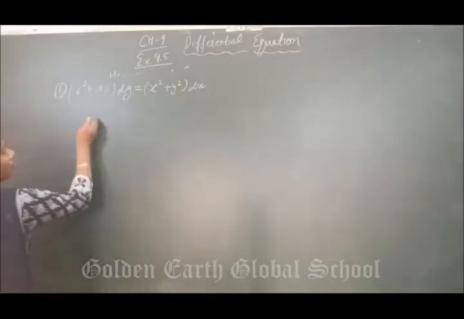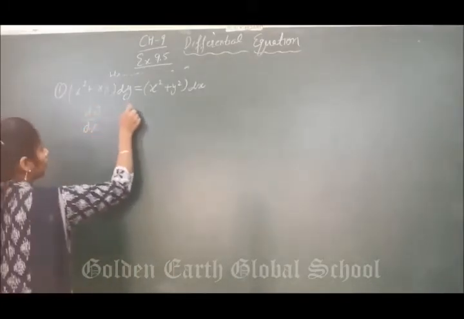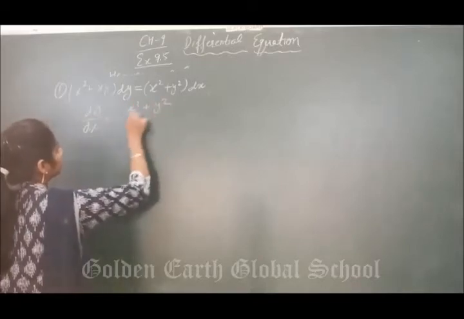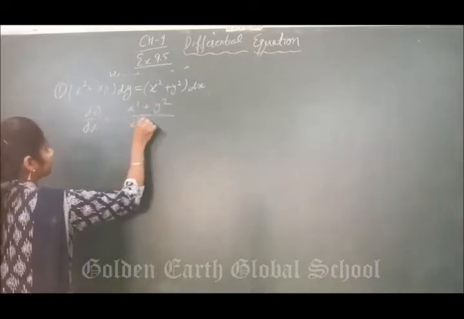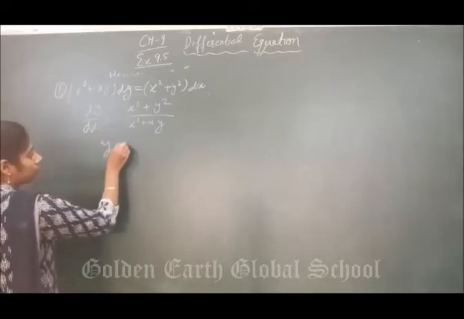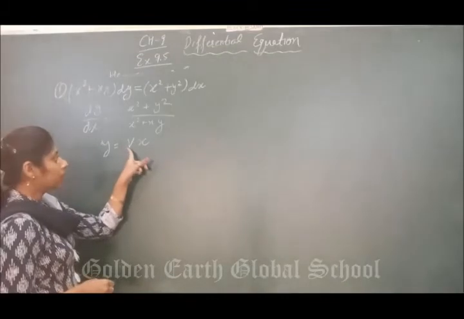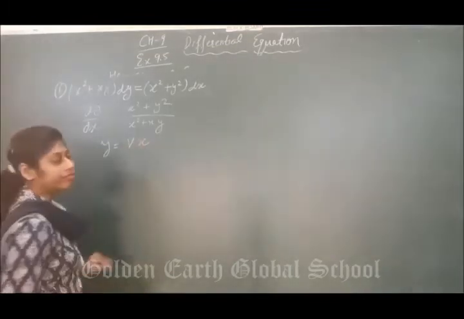Here, now shift dy by dx to one side and the whole term to the other side. In this type of question, we have to do the substitution y equals vx, where v is a variable in the form of x.